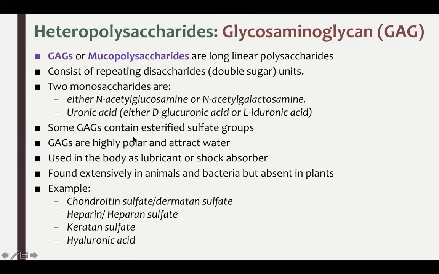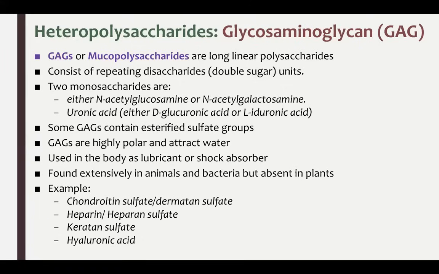And we will find that there is a uronic acid, which might be either D-glucuronic acid or L-iduronic acid. Iduronic acid is the C5 epimer of D-glucuronic acid. Some glycosaminoglycans might contain sulfur groups, which are esterified with the carbohydrate part.